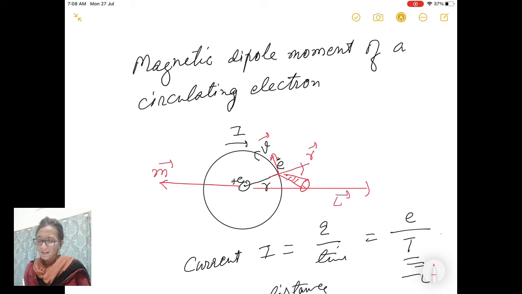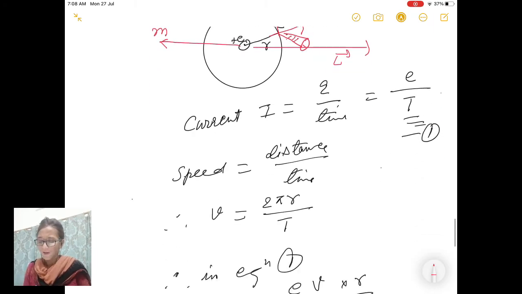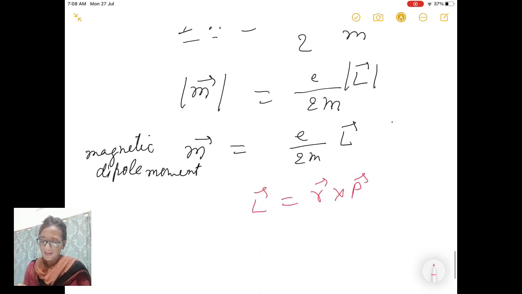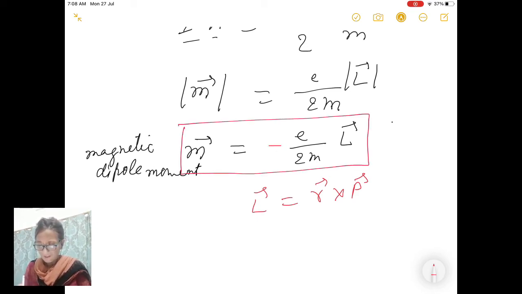So you find that angular momentum and magnetic dipole moment are in opposite direction in case of a circulating electron. So here we need to put a minus sign. This is your vector representation of magnetic dipole moment in terms of angular momentum.